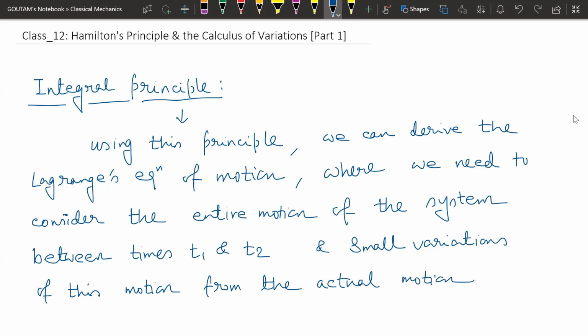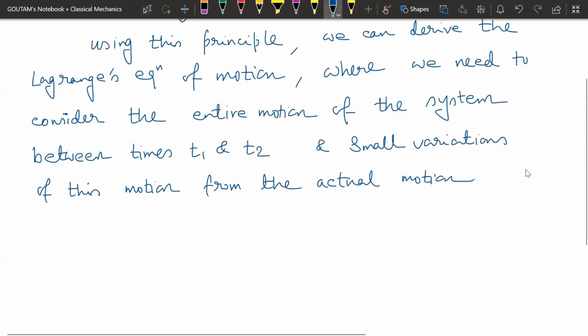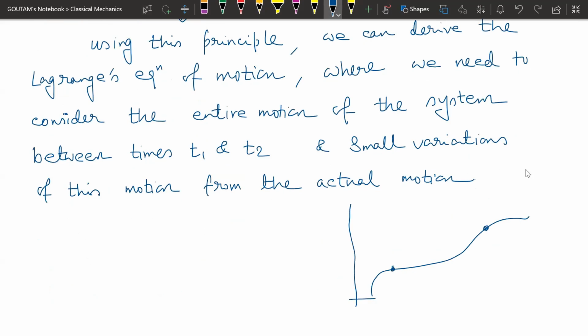So in an integral principle, let's say there is a particle, and let's say it's a space of the generalized coordinates. So we have P1, P2, then we can have P3, P4, etc. At time T1, the particle was at this position, and at time T2, the particle was at this point.